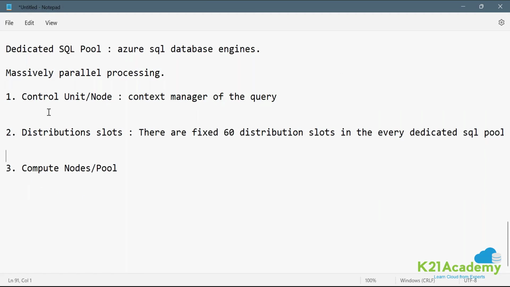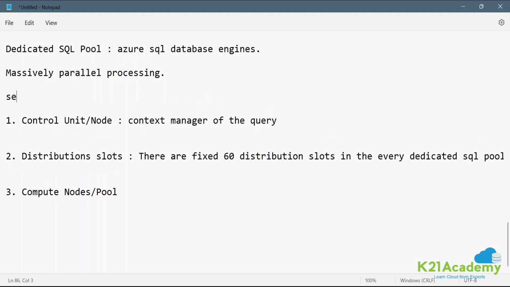Whatever tables you have in your query, let's say your query is select t1.a, t2.b from t1 join t2 on t1.a equals t2.b.